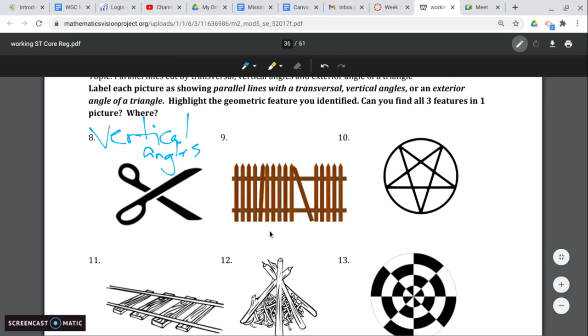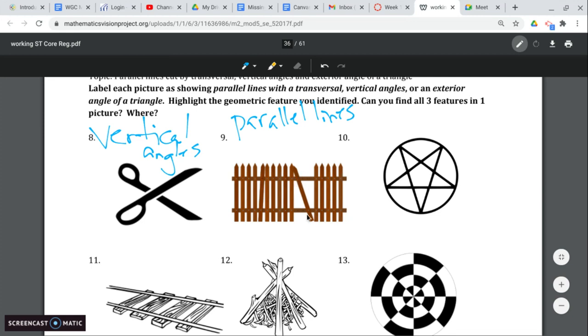Now, what about number 9? So notice parallel lines cut by the diagonal. So we have parallel lines, and I'm abbreviating. I'm not going to write the whole thing out. Parallel lines. We also have intersecting. So we've got that angle there, and that angle there would be the same.